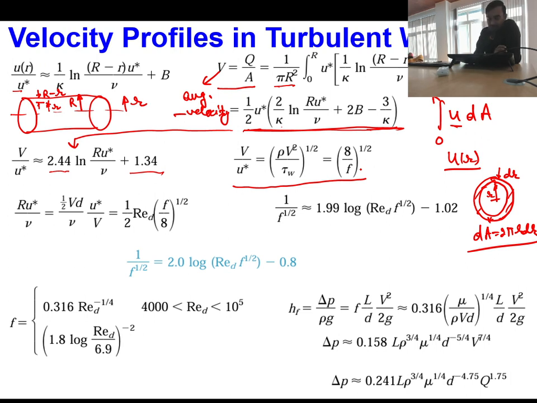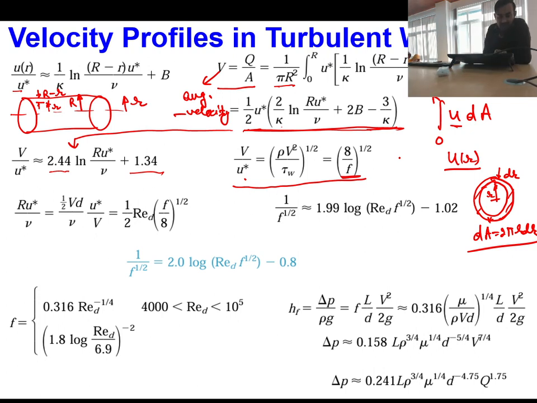So from the laminar flow profile, I can write that V/u* can be written as the square root of ρV²/τw, which comes out to be nothing but the square root of 8 divided by the friction factor. Okay, so this is something which we have already done, while we have correlated the wall shear stress with velocity profile, particularly with the Darcy-Weisbach equation for friction factor. Okay, so this is the generic formulation.